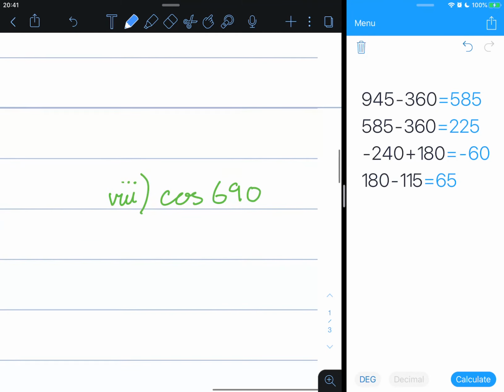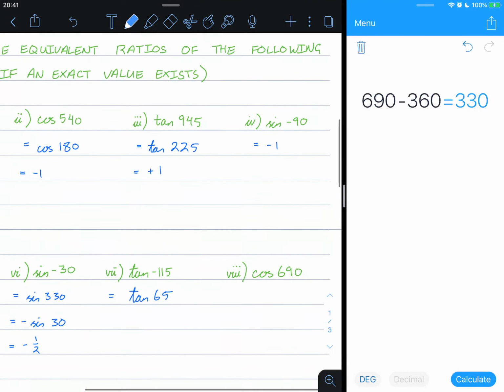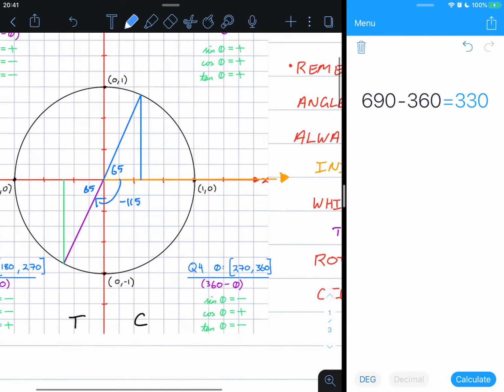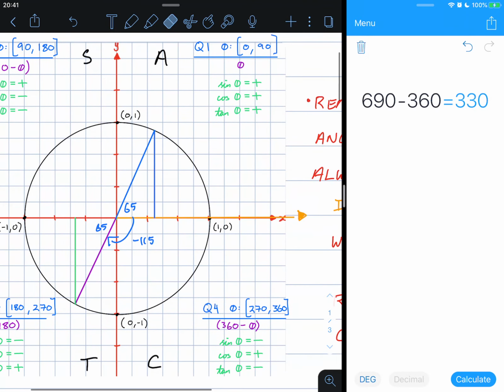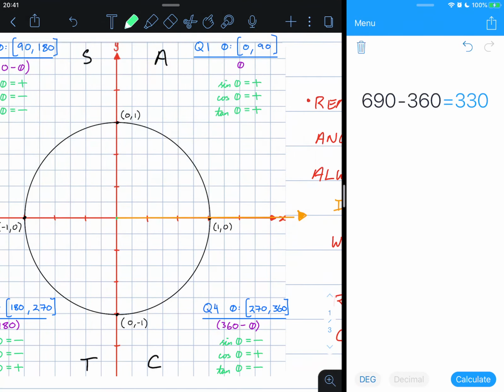One last question here. Cosine of 690. Well, to understand this, we should figure out how many revolutions it's done. So 690 take away 360. So 330. Going back to our unit circle. 330 degrees.